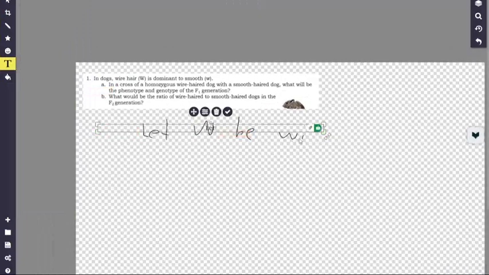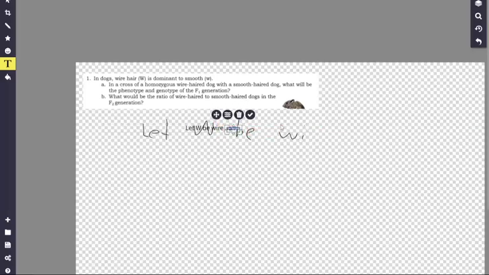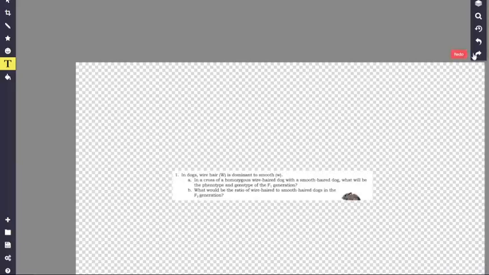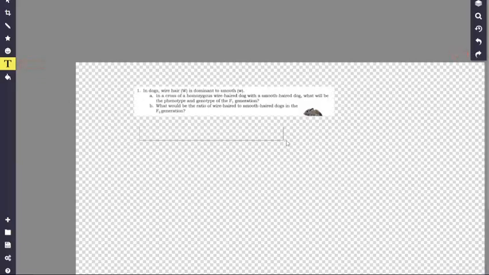So let W be wire here, and let w be smooth here. So we have the capital, that is the dominant one, and we have the recessive, that is the small one.